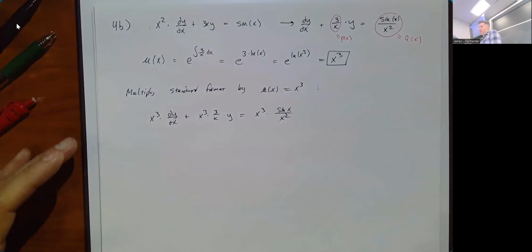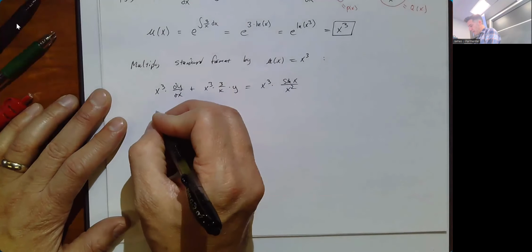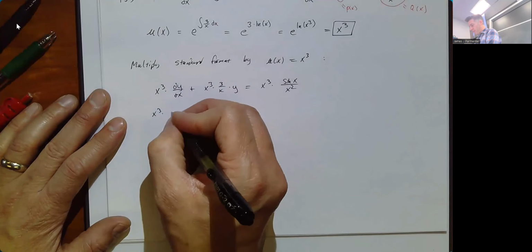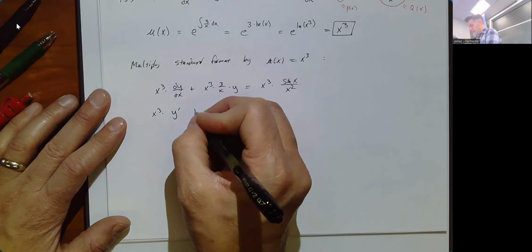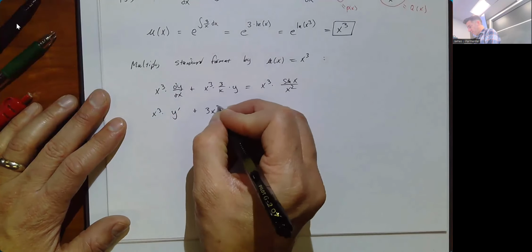And I think you can skip straight to the simplification, which is that we're going to have x cubed times y prime, instead of dy dx, plus x squared times 3 over x, which is 3x squared, times y. And x cubed times sine of x over x squared is just x times sine of x.